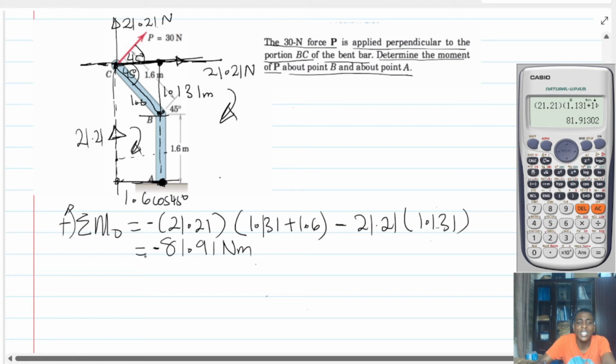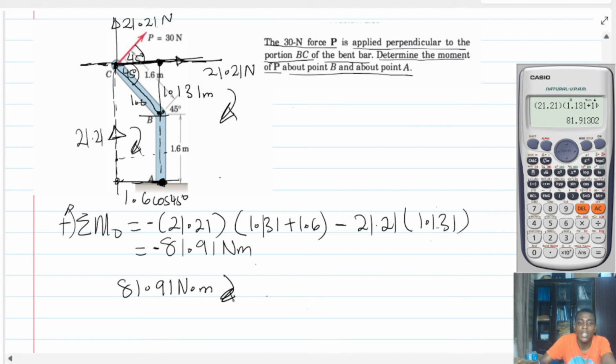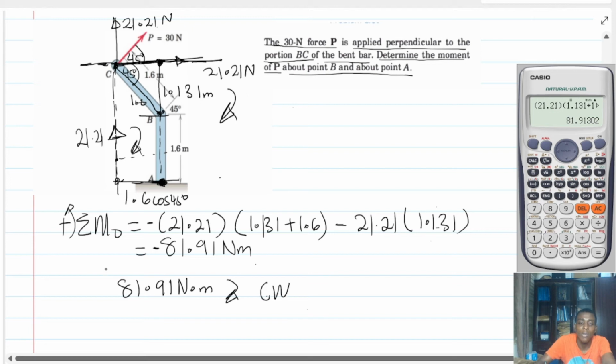The minus sign here is just telling us that the resultant moment must be what? Clockwise. So the resultant moment must be clockwise.